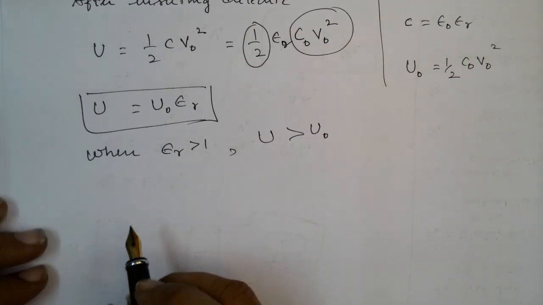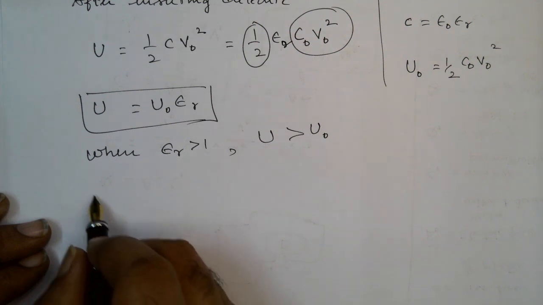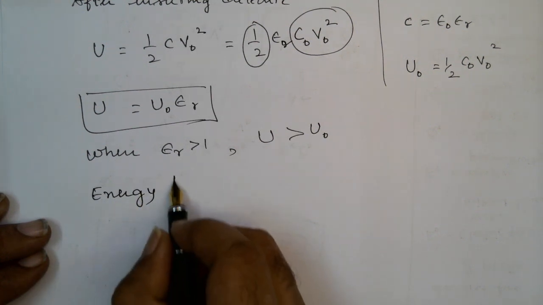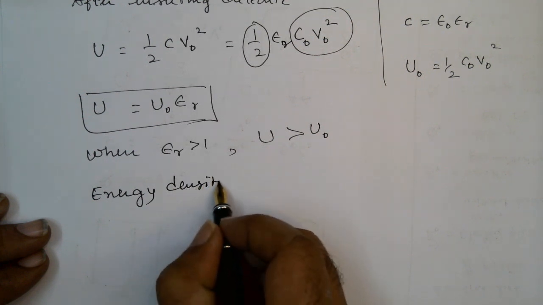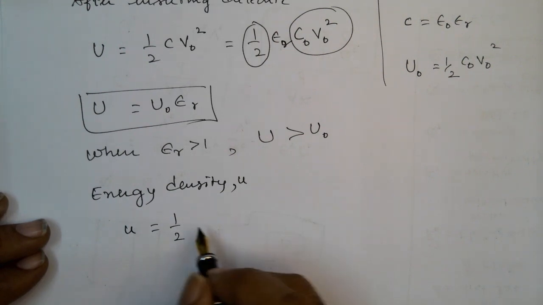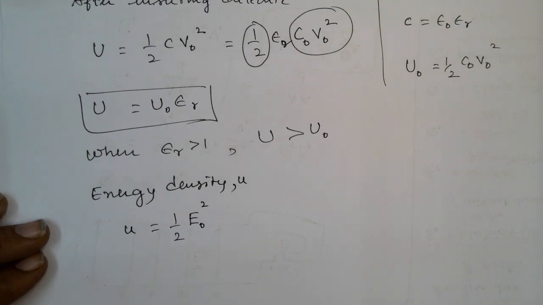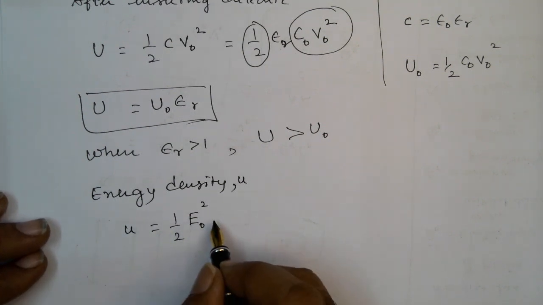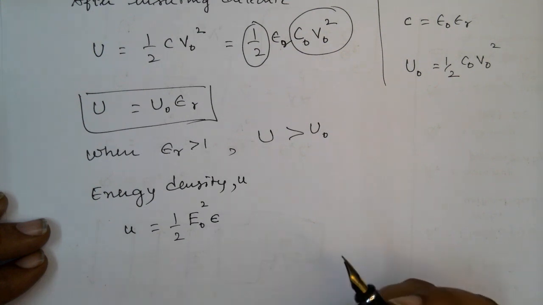So the energy density is given by, take down, energy density, it is given by u. So u is equal to 1 by 2 into electric field squared, where this is 1 by 2 into epsilon into electric field squared.